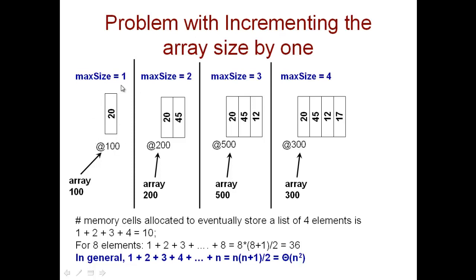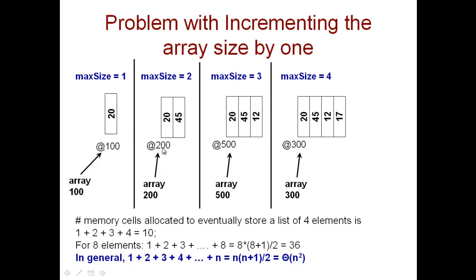The max size is 1 and the array is full with some value here. The base address is 100, so the array pointer is storing that address. Now I want to add one more element to this array. We cannot do that with the current array, so we have to create a new block of memory.